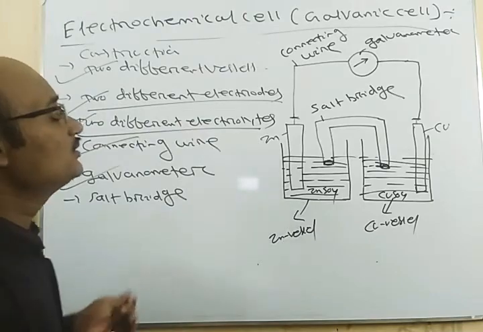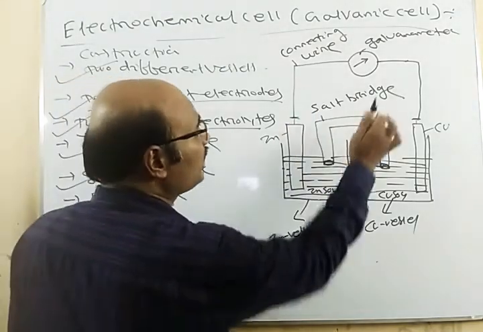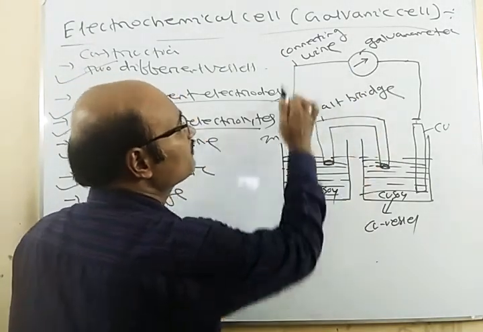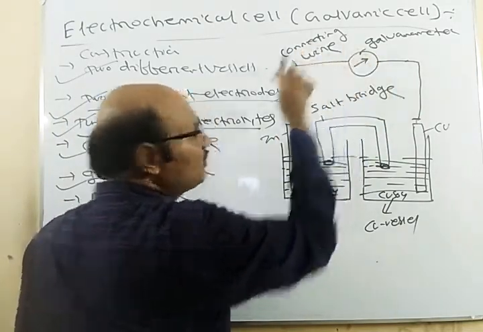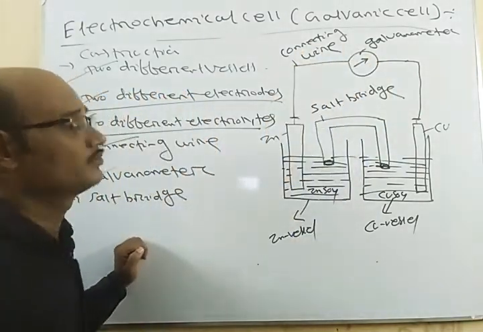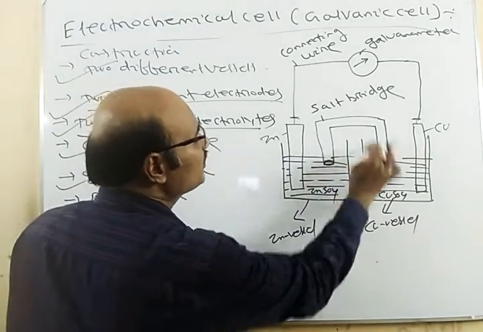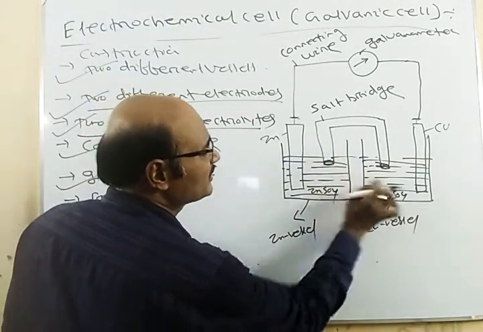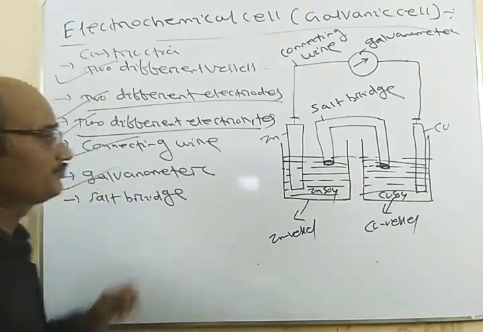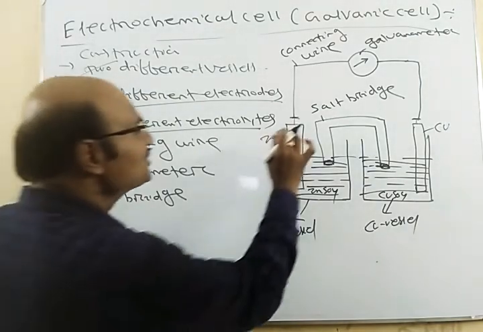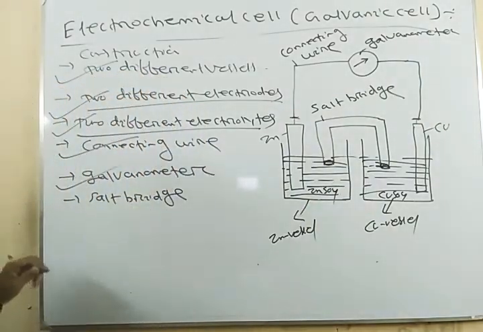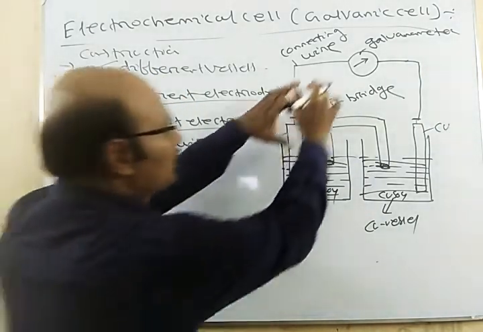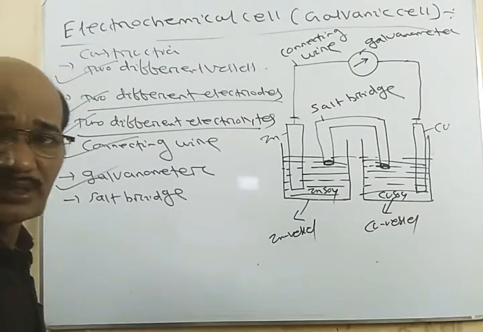These two electrodes are connected with the help of a wire, and here we have a galvanometer that will show the current, and a salt bridge that connects these two vessels. Now when this wire is connected to the two electrodes, what happens? So this is the construction of this galvanic cell, the electrochemical cell.